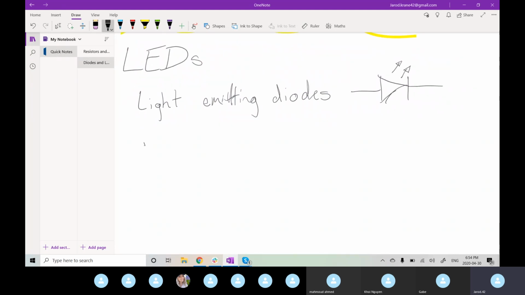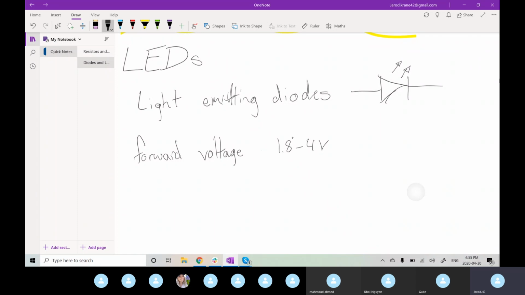They have a forward voltage drop of roughly this, which will change based on the color of LED that you're using. It can range from 1.8 all the way up to 4 volts, depending on what color of LED.